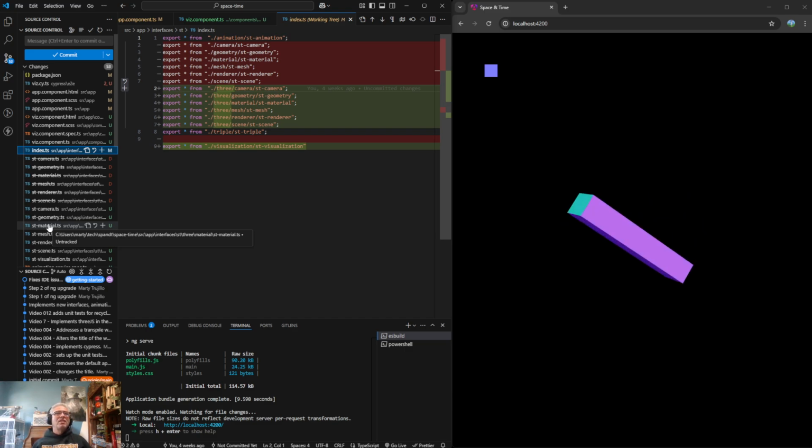I moved these because there were other kinds of interfaces that aren't 3 related. Basically this is a way of saying, okay, this one has a doppelganger. This one exists in the ST world and in the 3 world, whereas animations does not. Animation only exists in the ST world.